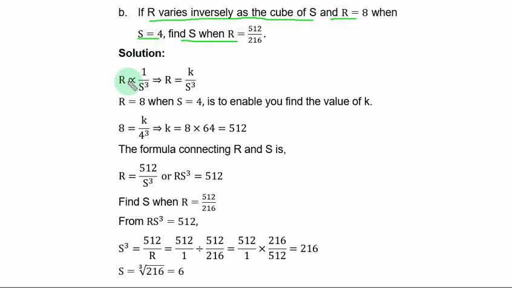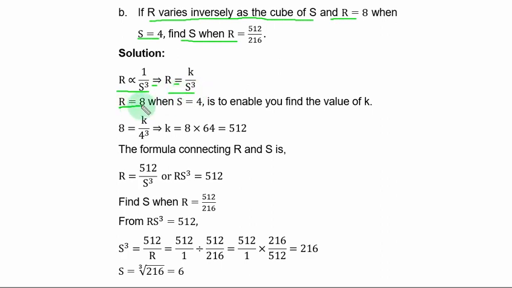Arrow varies inversely as the cube of S is this. In variation, we usually do away with the symbol of variation by introducing equality sign and the constant of variation to multiply the right hand side in this form.